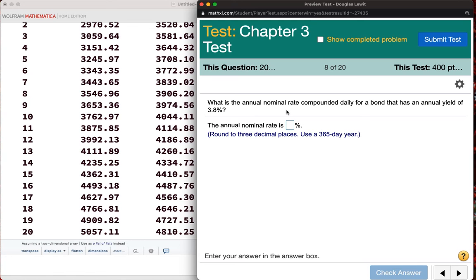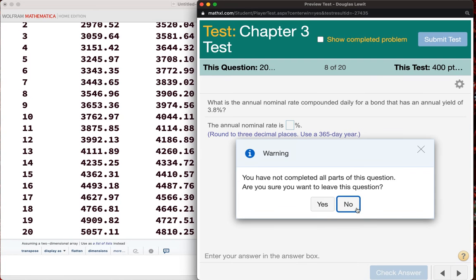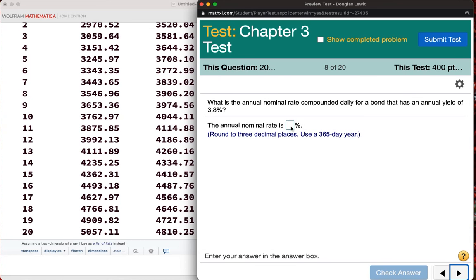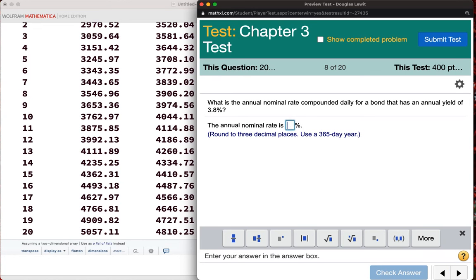I don't think it's necessary to repeat it here. So we're just gonna skip number 8. Oh, I have to type in some answer. I'm just gonna type in something silly.